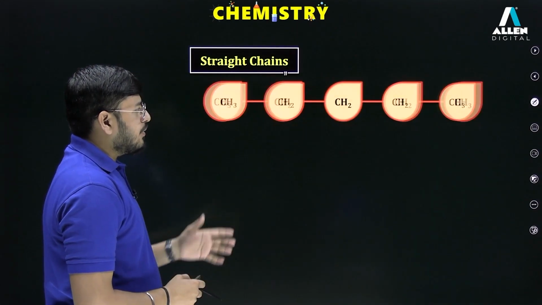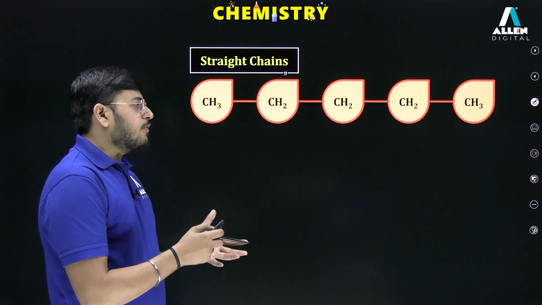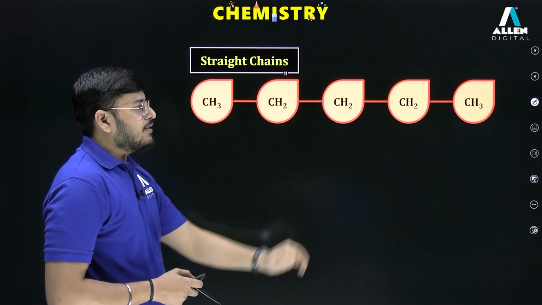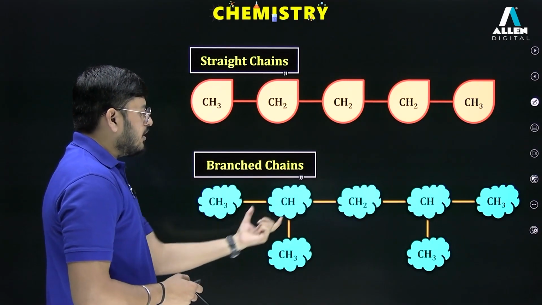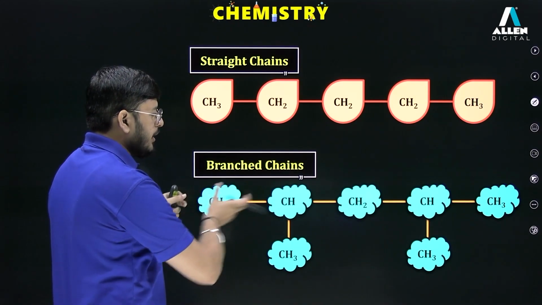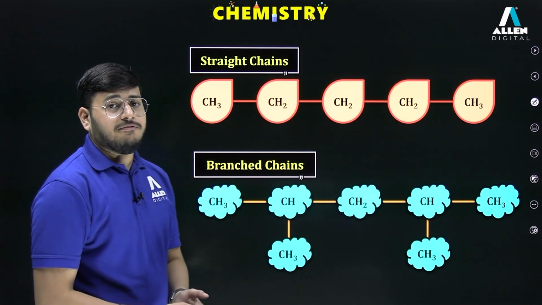The next thing is what type of chain is formed by this carbon. We have a straight chain in which all the carbons are connected in a straight manner. We have a branched chain in which a branch can also be created. In a straight chain, branches can also be created, and that makes it a different compound.